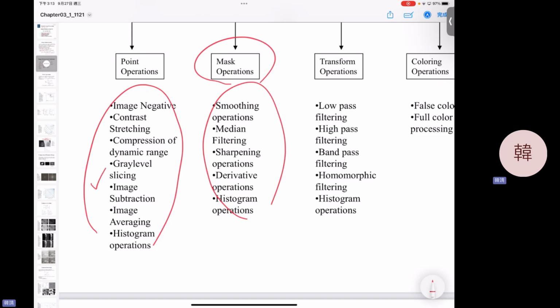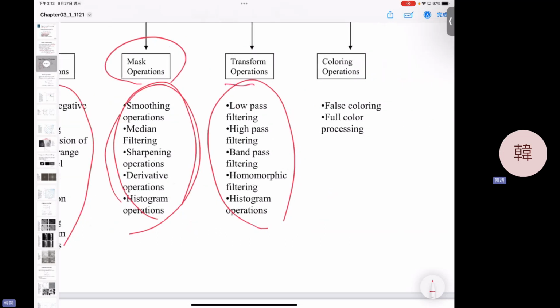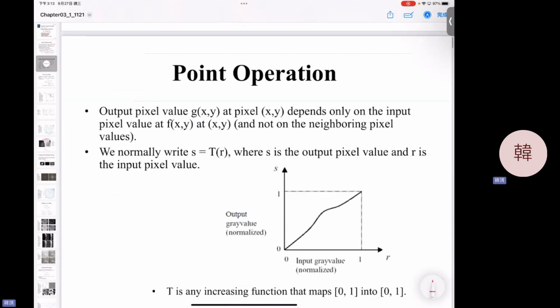It depends on your neighboring condition, and then do the transformation. Some of that use the frequency domain we mentioned, like low pass filter, high pass filter, band pass, homomorphic operation. So they are different transformation applications. And the last part for the enhancement is the coloring operation, so some false coloring, full color processing. We'll go through this one by one.